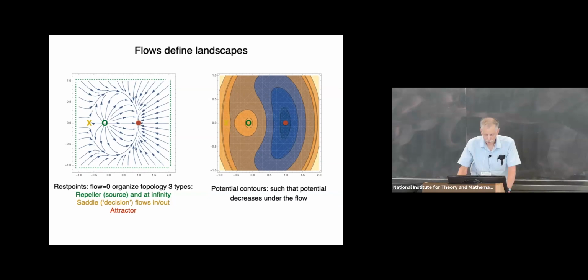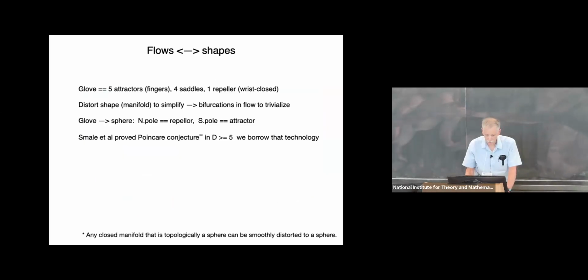From the green circle emanate arrows. The arrows eventually collect at the red circle on the right, which is the sink, and will sometimes pass through the saddle point X on the left. And obviously, there's a topographic version of that scenario.